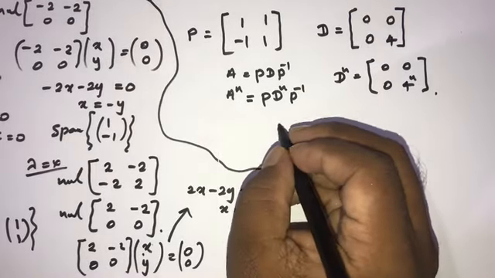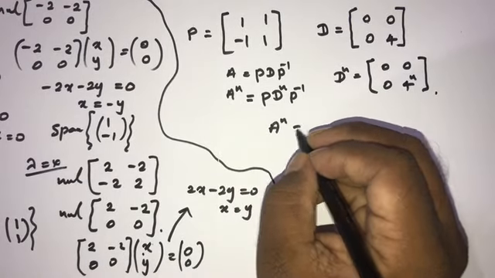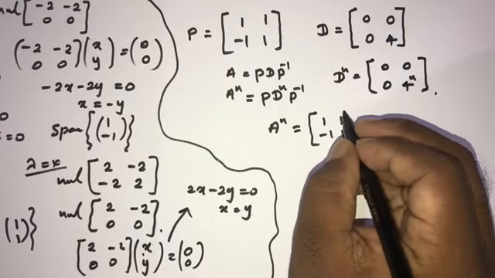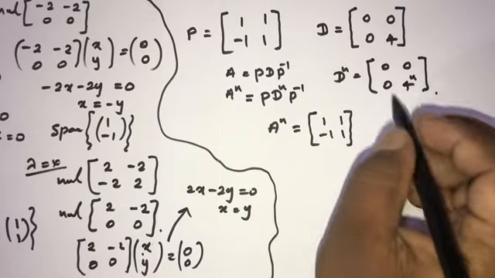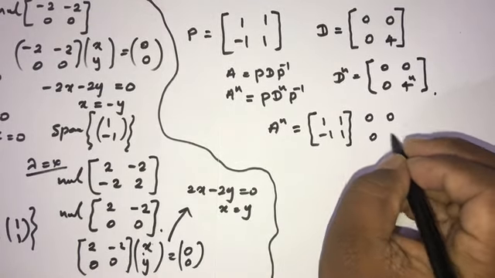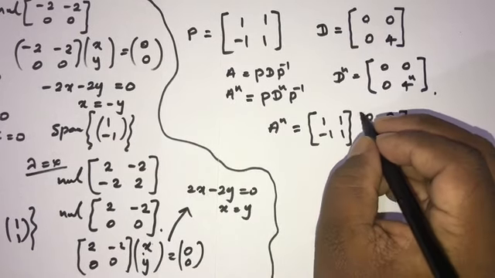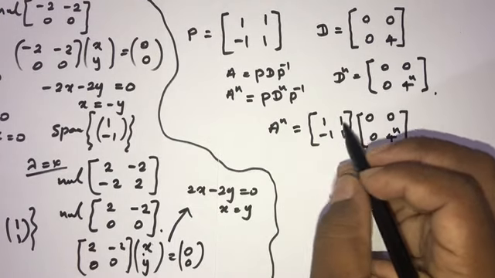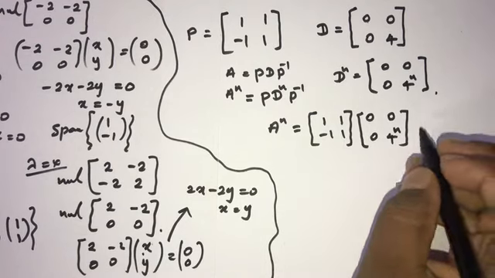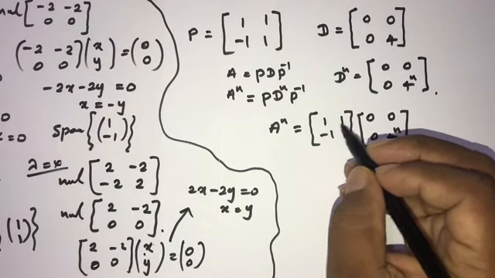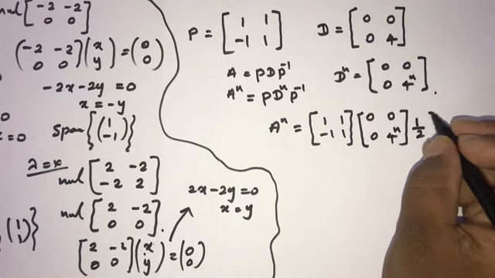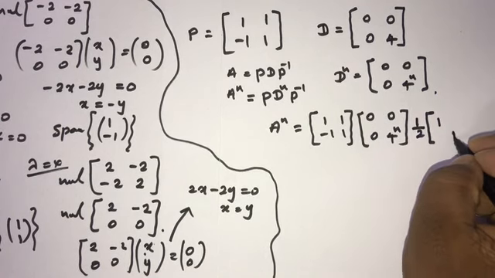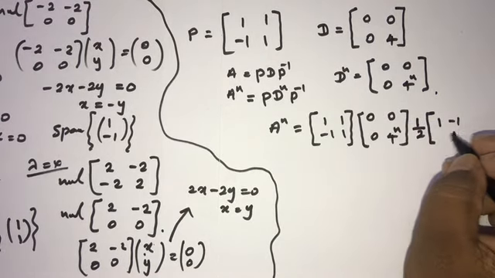Now P is [1 1; minus 1 1], so P inverse is 1 over 2 times [1 minus 1; 1 1].